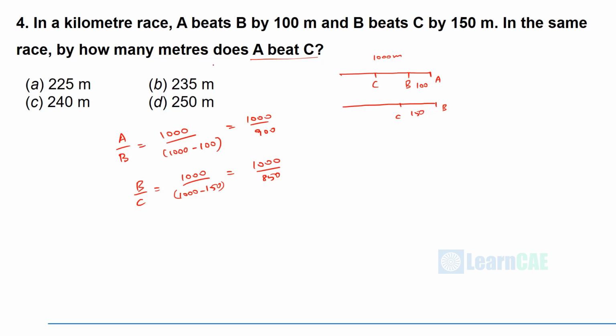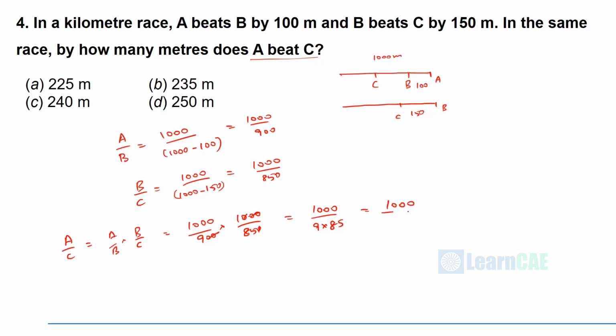So they are asking by how many meters does A beat C. So let us calculate A by C. This is equal to A by B into B by C. This is 1000 by 900 into 1000 by 850. We can cancel the zeros. This will be equal to 1000 by 9 into 85.